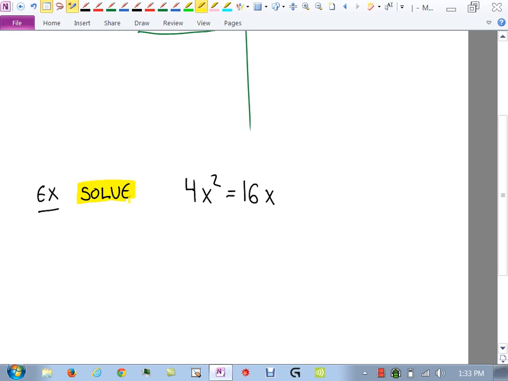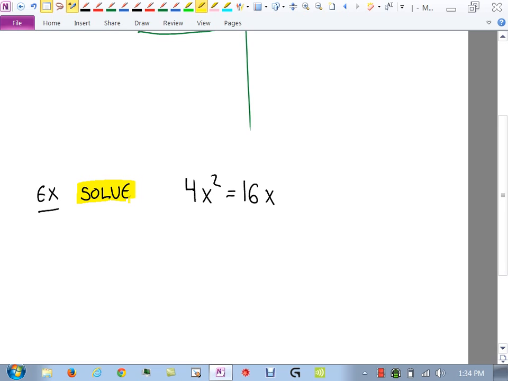The way we do that is we first have to get a zero, right? Because it's an equation, we can always take things from one side and move them to the other. I'm going to choose to take the right side, move that 16x out of there, and leave nothing there, which would be a 0. So how can I remove 16x from the right side of this equation? Subtract it.